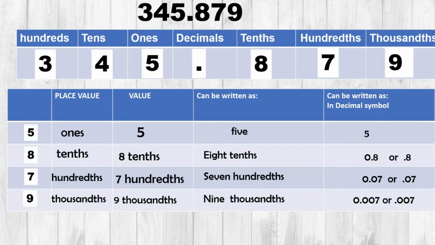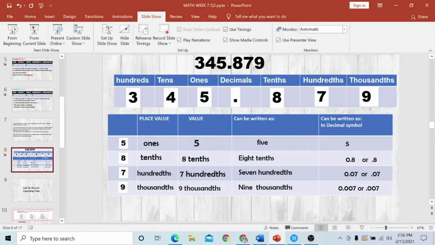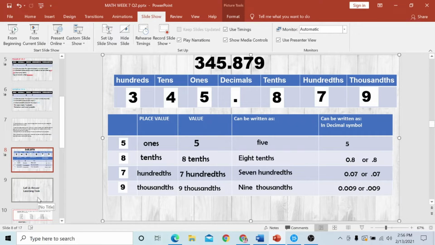So this is 9 thousandths. So that is how we find the place value, the value, how can be written as in words, and in decimal symbol. Okay? Kasi po, dapat natin malaman kung paano kunin dahil para masagutan natin yung mga learning task natin.